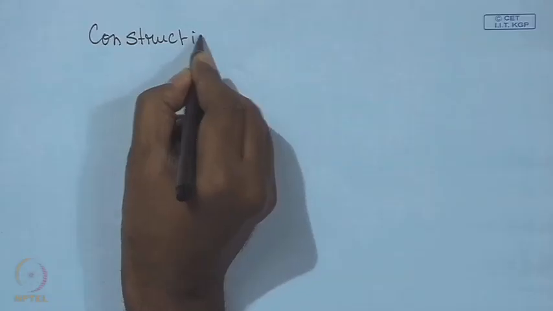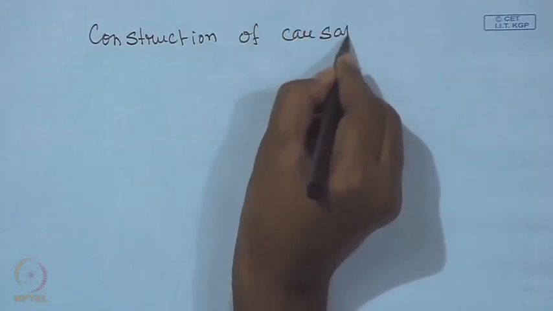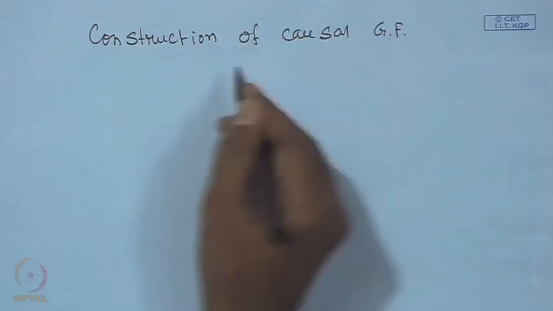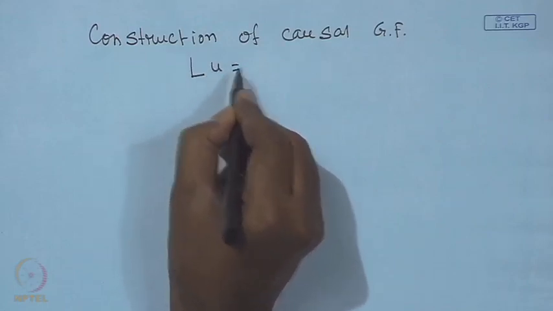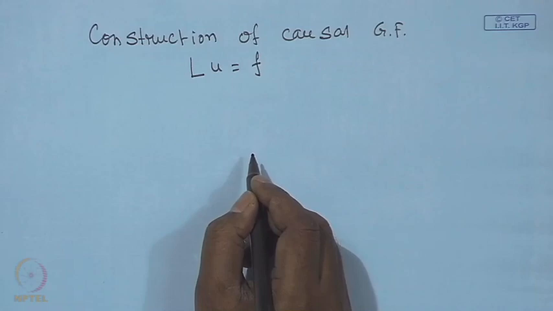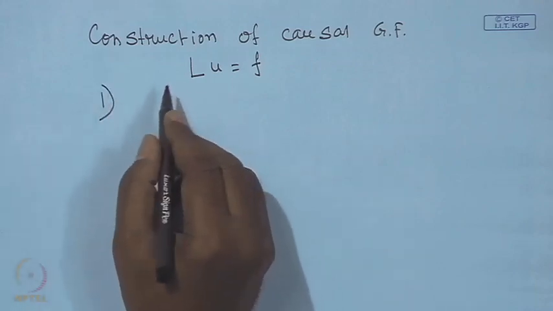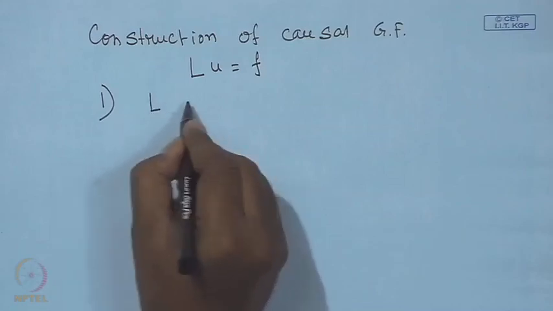Welcome to this session. So, we were discussing the construction of causal Green's function. Now, if the actual problem is given as L u is equal to F, in the case of construction of causal Green's function, we have to keep three things in mind. One is that L remains the same.